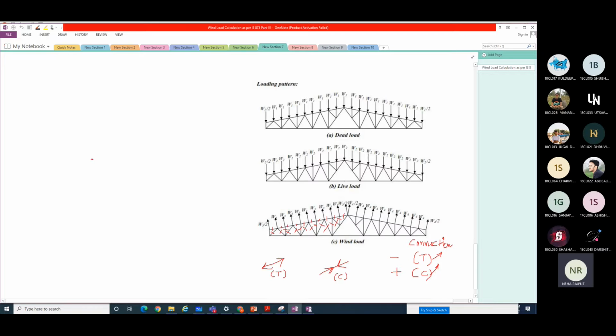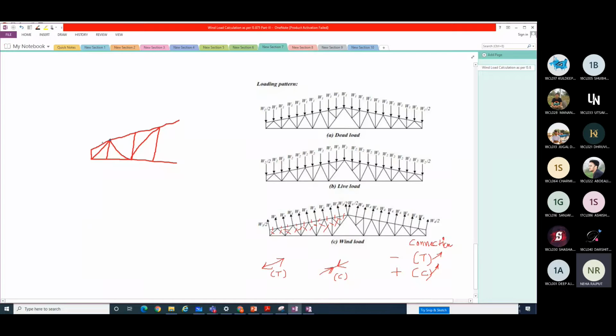So if this is your truss, right, I'm drawing only the half part. Right, so at this node, this is the intermediate node.